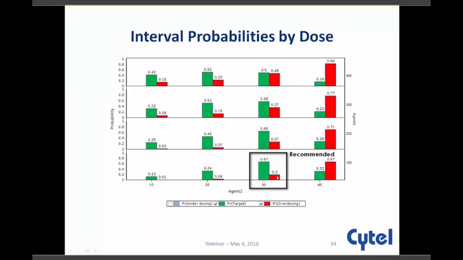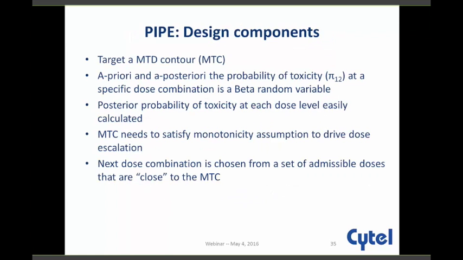And then among those dose combinations, you pick the one that has the highest probability of falling into the targeted toxicity interval. So essentially the highest green bar. So this is the extension of the BLRM into 2 doses, in the combination of 2 doses.